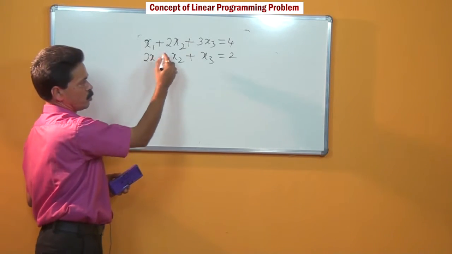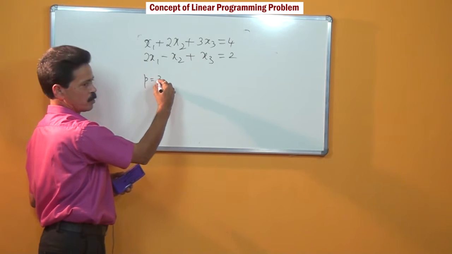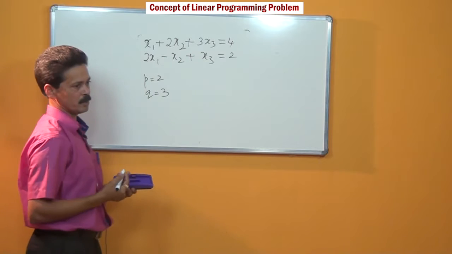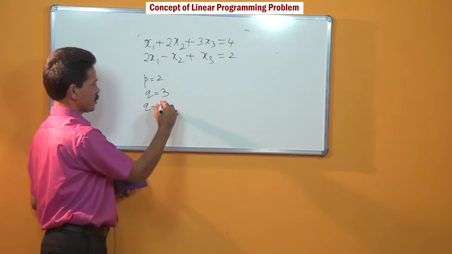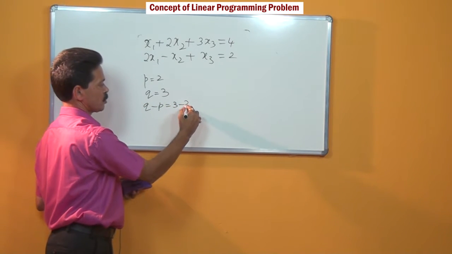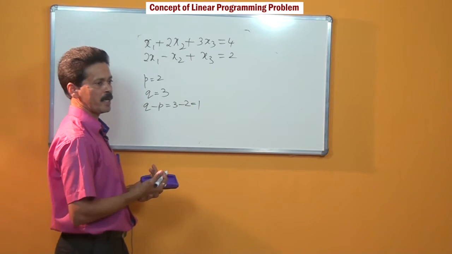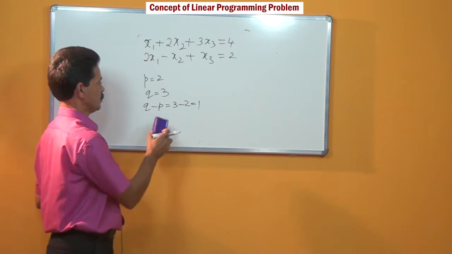Here there are two equations, so p equal to 2 and q equal to 3. There are three variables. Therefore, I will equate q minus p, that means 3 minus 2 equal to 1 variable, to 0 and obtain the set of basic solutions.